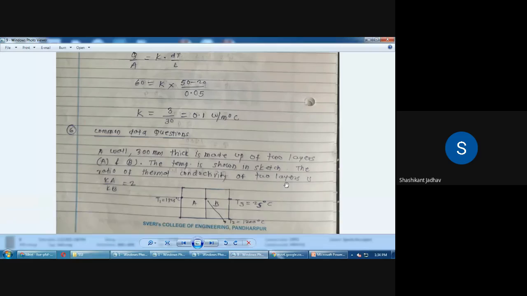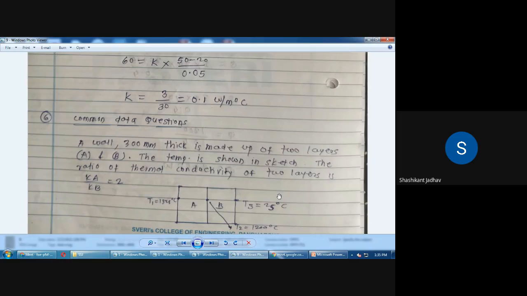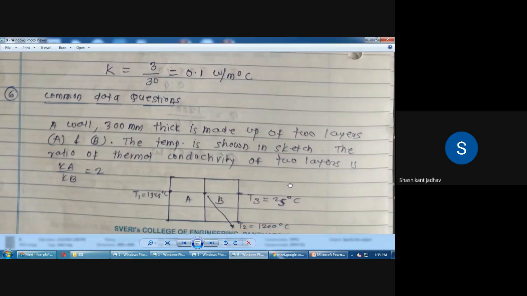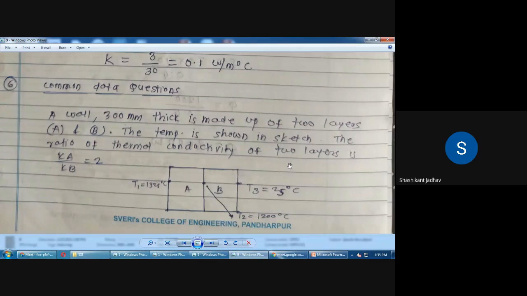Next problem: A wall 300 thick is made up of two layers, two layers A and B.